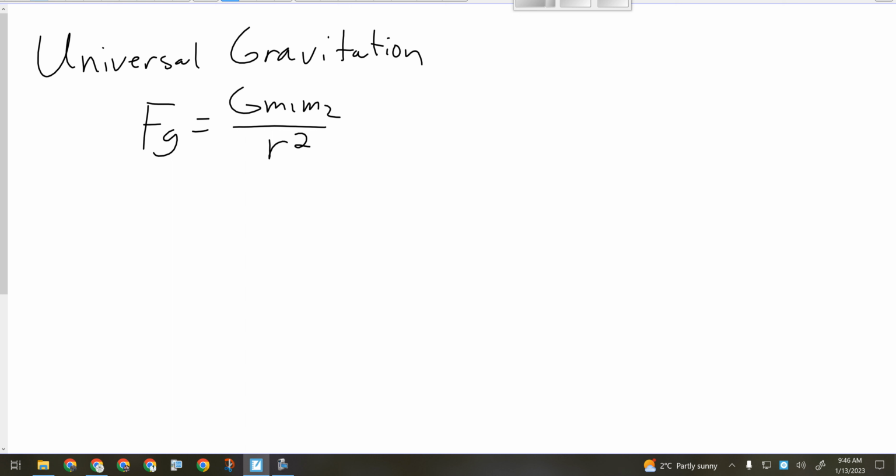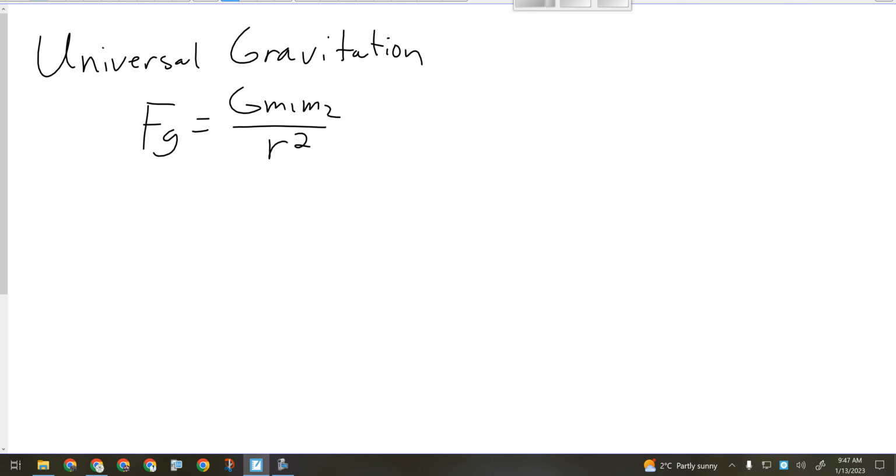It is a mutually attractive force between the two objects. So we would have not the force of one on the other, but of them pulling on each other equally. Like the force an apple exerts on the earth is equal to the force the earth exerts on the apple. It's a mutually attractive force between the two.